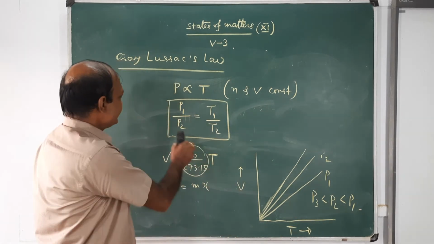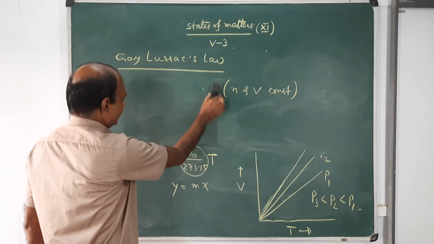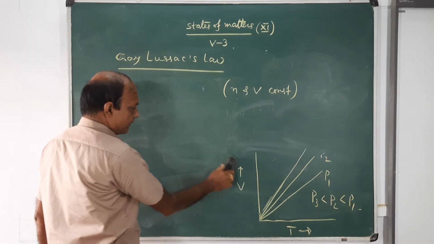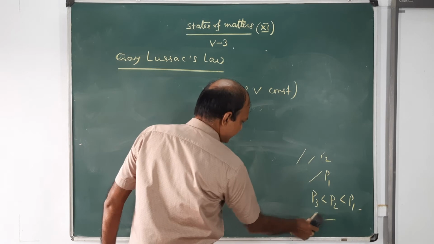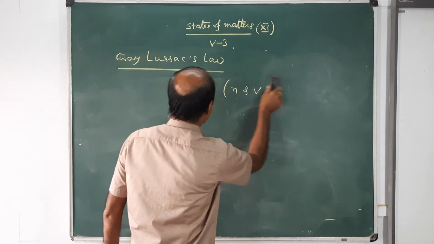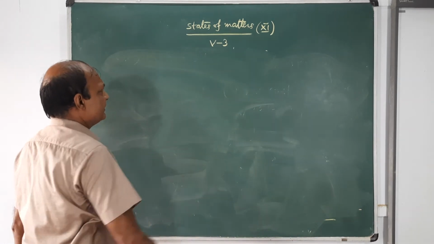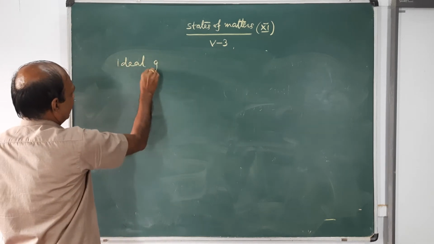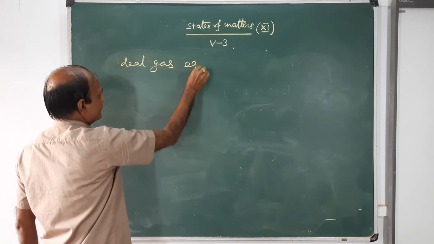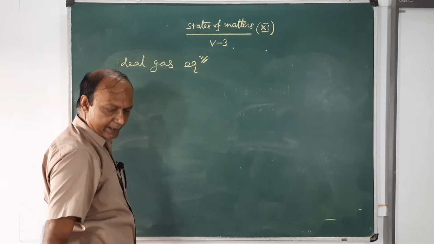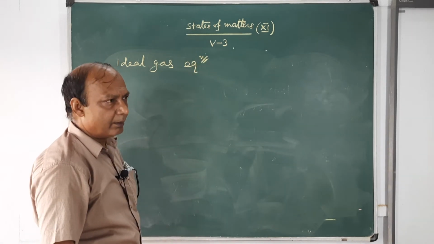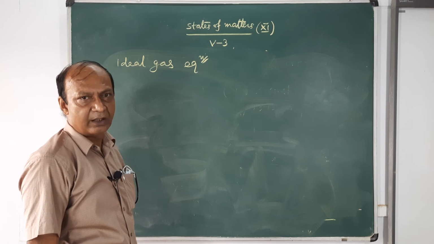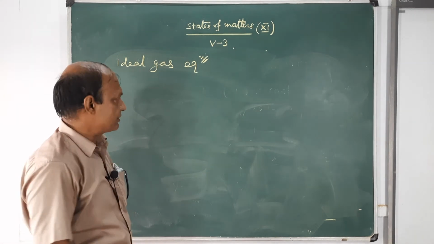Now, today we are going to the next part, that is the combined gas equation, or what you say the ideal gas equation. The ideal gas equation can be derived by combining Boyle's law, Avogadro's law and Charles' law.